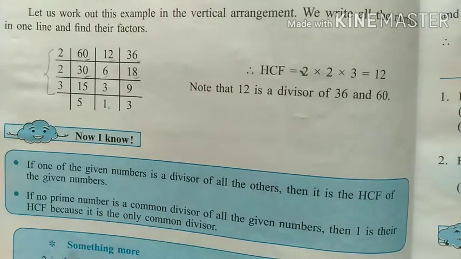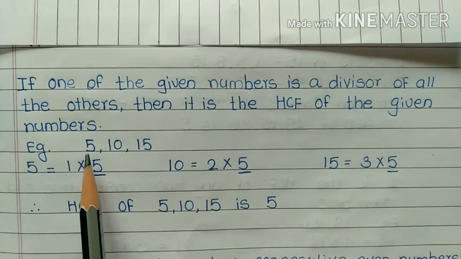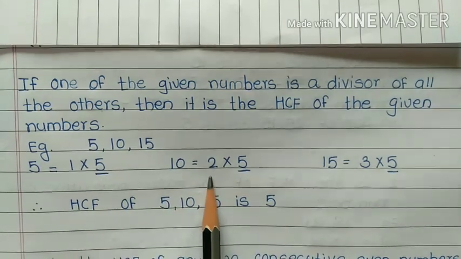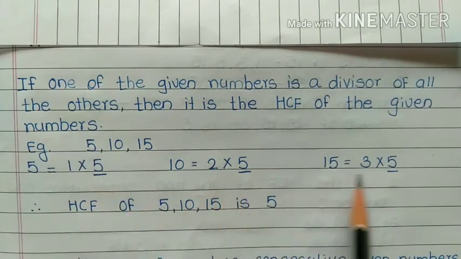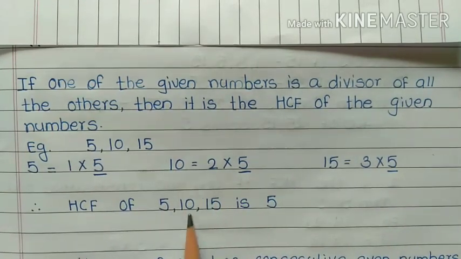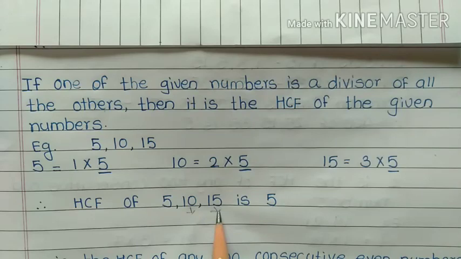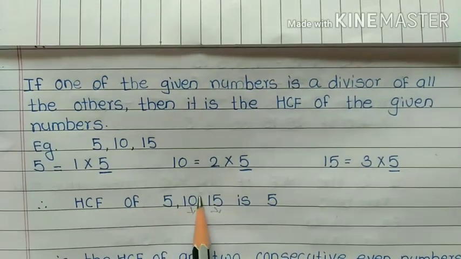Let us see one more example. 5, 10, 15. The prime factors of 5 are 1 into 5. 10: 2 multiplied by 5. 15: 3 into 5. Common is 5. So HCF of 5, 10, 15 is 5, as well as 5 is a divisor of 10 and 15. So 5 is the HCF of the given numbers.